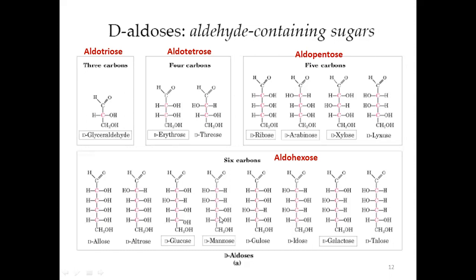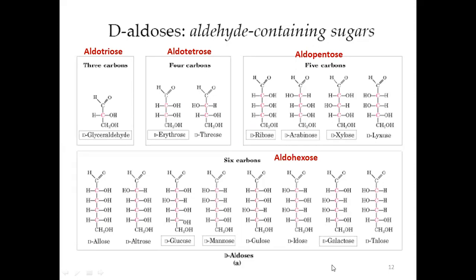So you have glucose here, with all the OH on the right, except for the third carbon here. Mannose has two sides on the left here. And then galactose. We remember these because they may be used when we go to the disaccharides, the two sugars, two monosaccharides for the disaccharides.